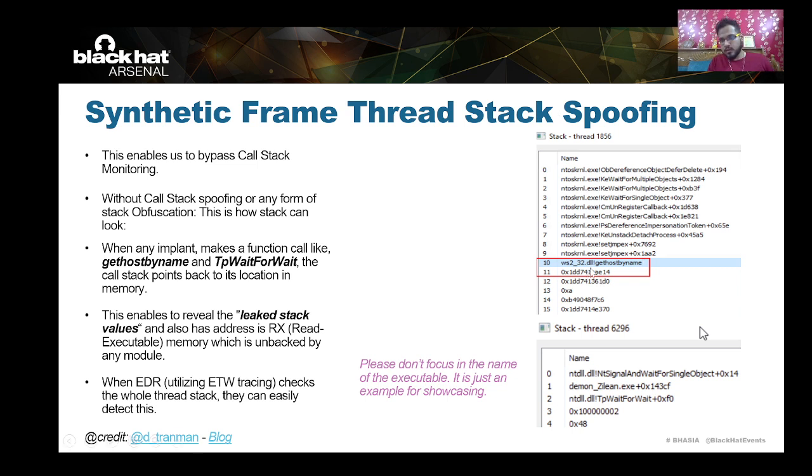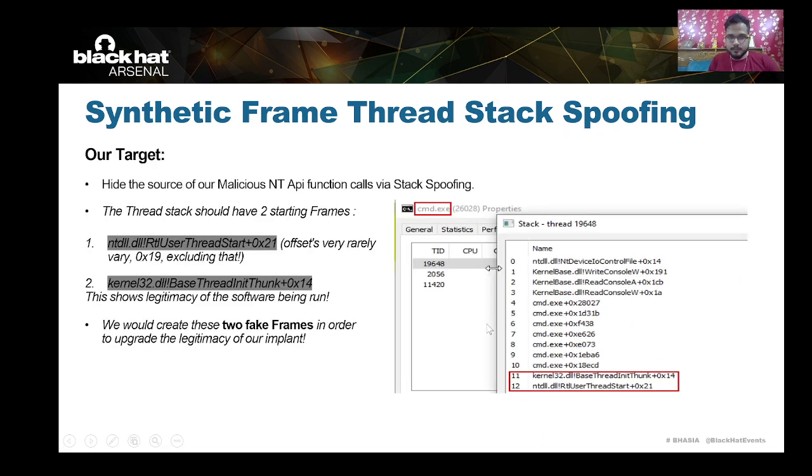You can see when we are calling gethostbyname and TpWaitForWait, the call stack points back to its location, revealing a leaked stack value, and this would be immediate suspicion if an EDR utilizing ETW tracing checks the whole thread. So that would be an issue.